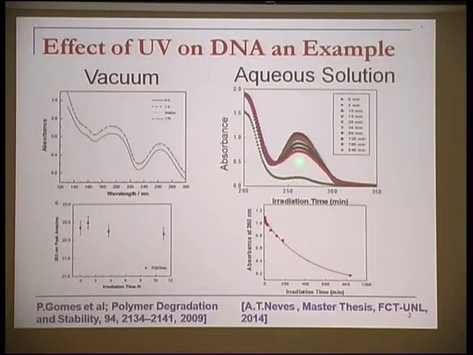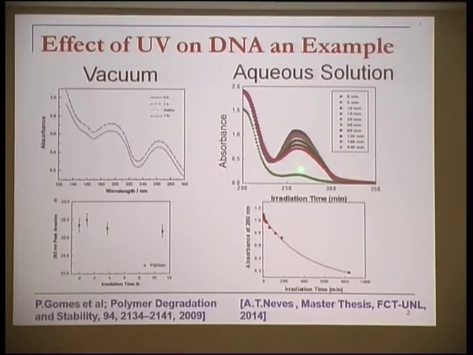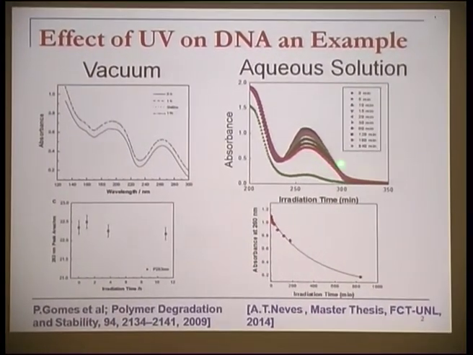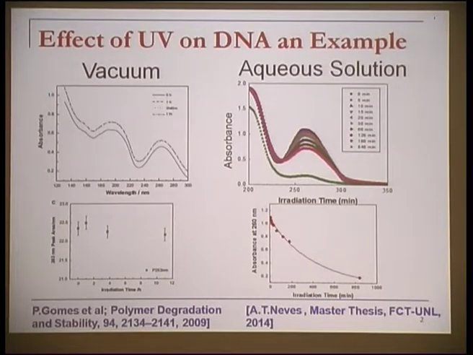we put the DNA in water. It is an aqueous solution of DNA, irradiated in this case with 254 nanometers. We can observe a decrease of the band associated with the DNA bases. So, to degrade the DNA, the presence of water is needed.